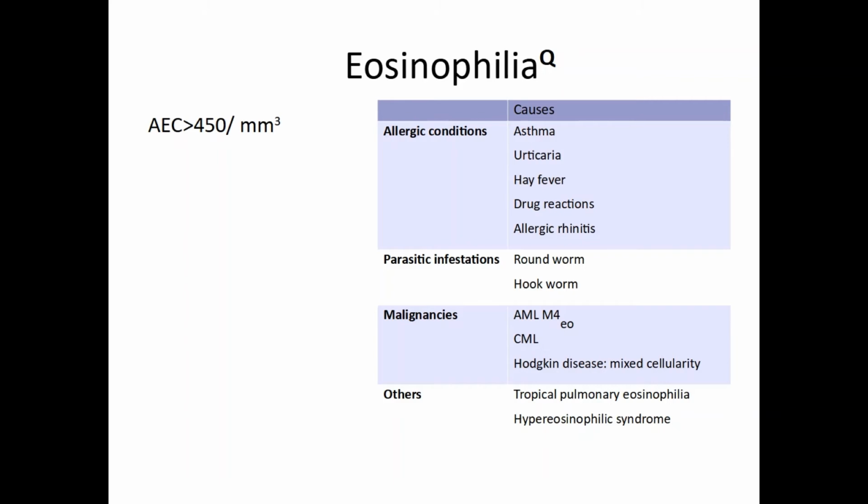Then you have malignancies such as AML M4EO and CML. Then also Hodgkin disease mixed cellularity, which is a lymphoma. Then you have other causes such as tropical pulmonary eosinophilia and hypereosinophilic syndrome. Please remember 4 or 5 causes of eosinophilia. This is very, very important for your exams.